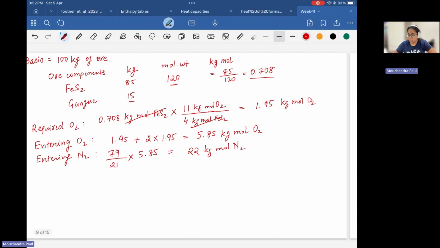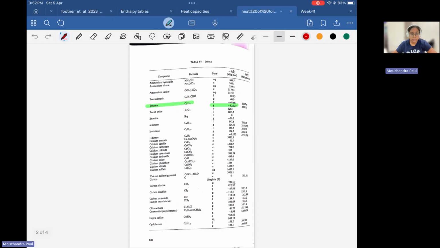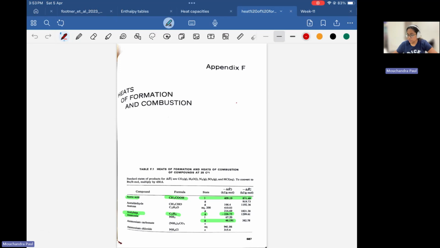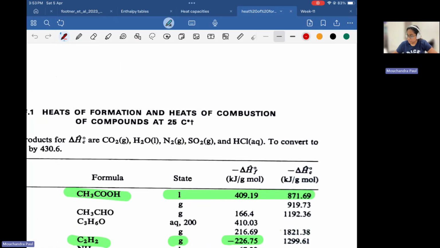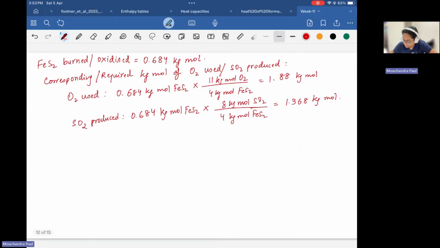So in order to do this, we have to refer to the heat of formation table that we already discussed in last week's session. From this table, you can get the negative delta HF values, or heat of formation values, of all the components involved in this reaction. So let's compile them. The components involved here are FeS2, O2, Fe2O3, and SO2.